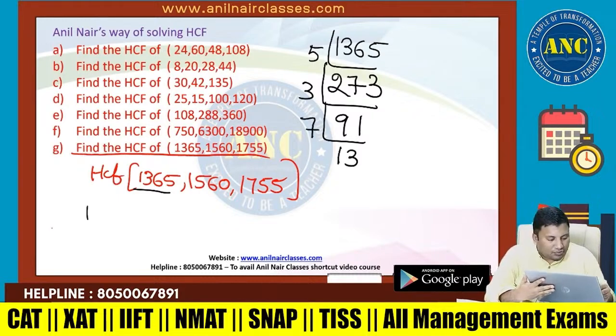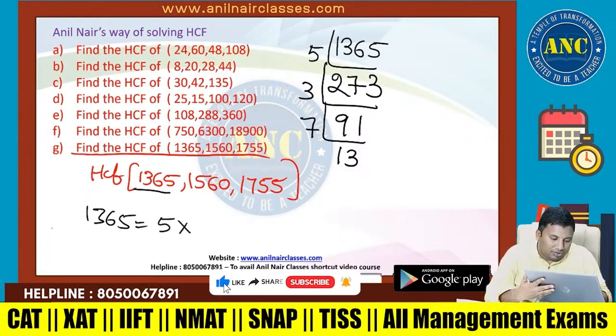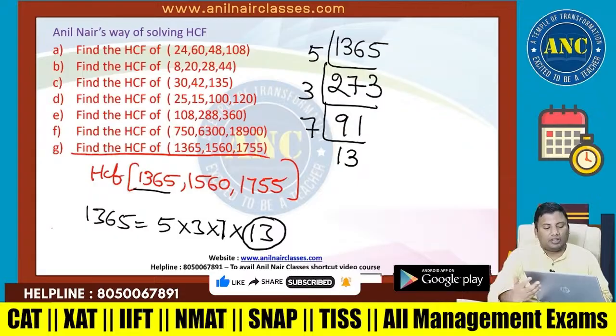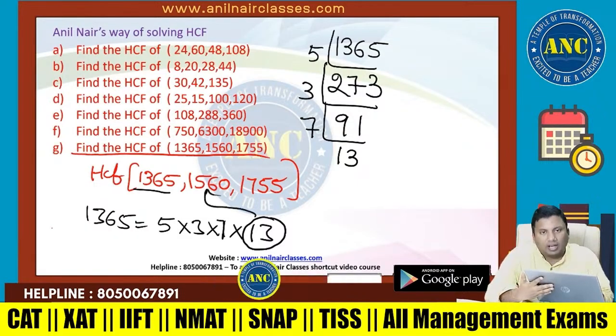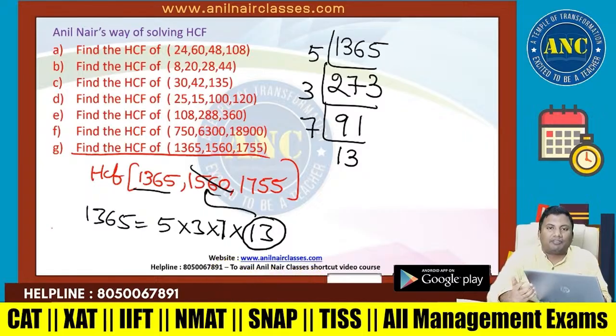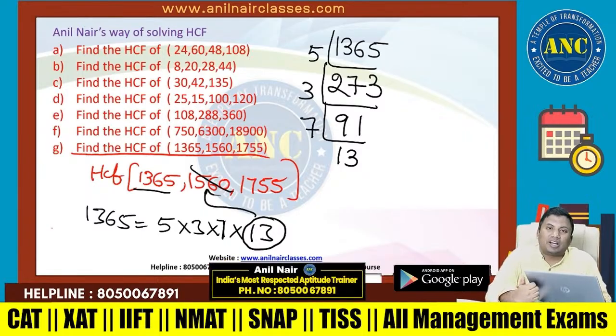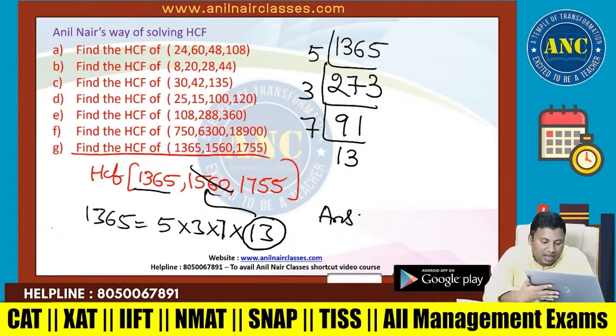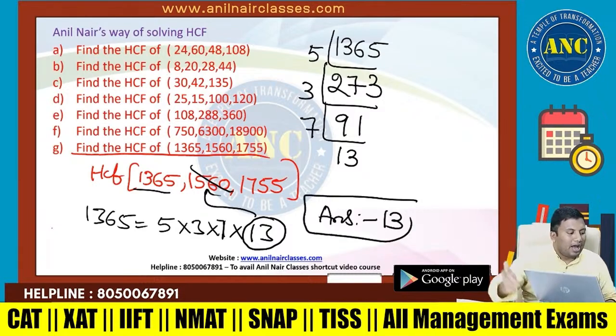So the factors for 1365 are 5, 3, 7, 13. Highest is nothing but 13. Check with 13. 13 12s are 156, divisible. 13 135s are 1755. Answer for this question is 13.